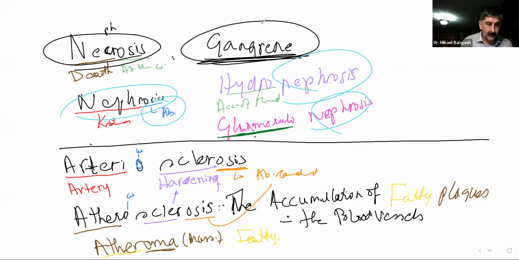Because back in 1997, when I was a 4th year student in medicine studying pathology, two terms were written right next to one another in our book of pathology: arteriosclerosis and atherosclerosis.